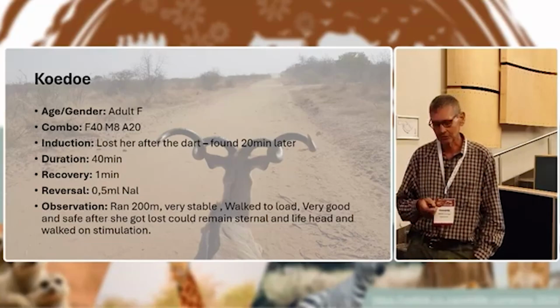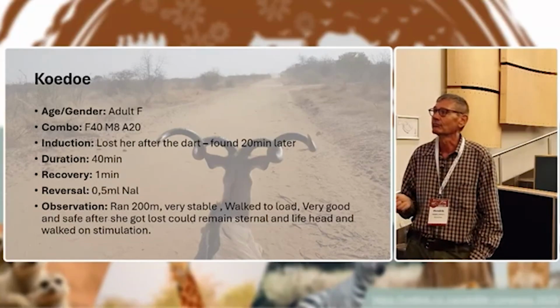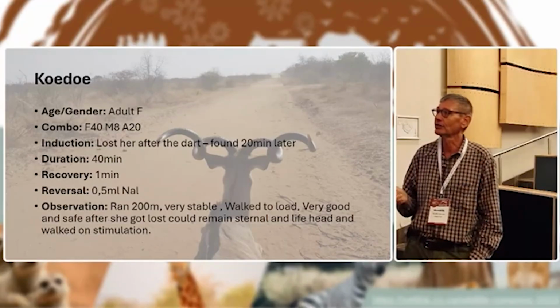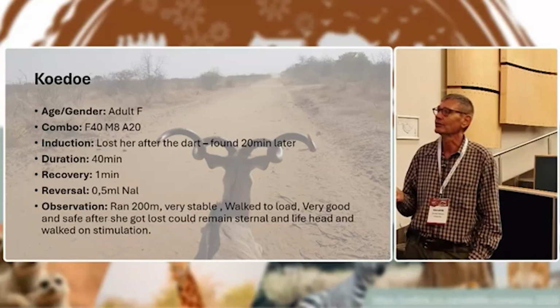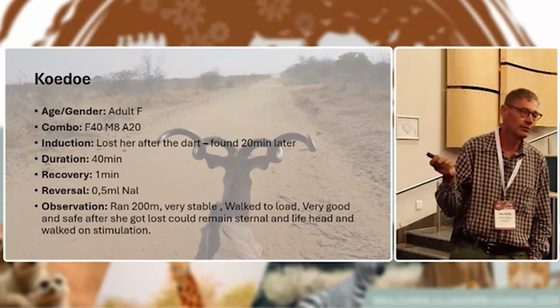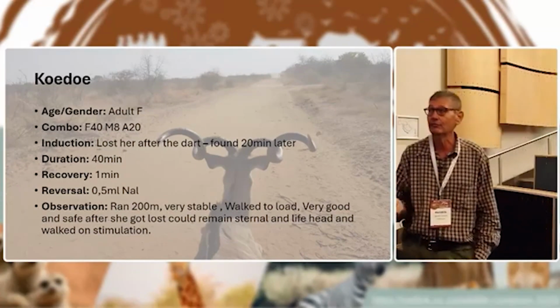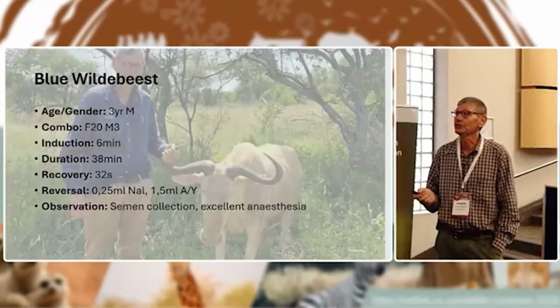It seemed to be a perfect anesthesia. The animal was lying sternal. It could still lift its head and walk on stimulation. So this was also reported on the VTech website or data sheet.